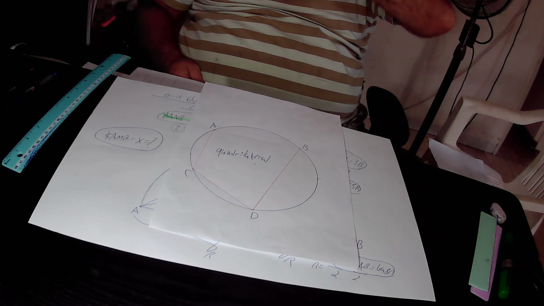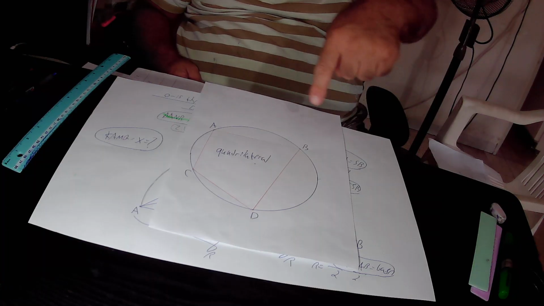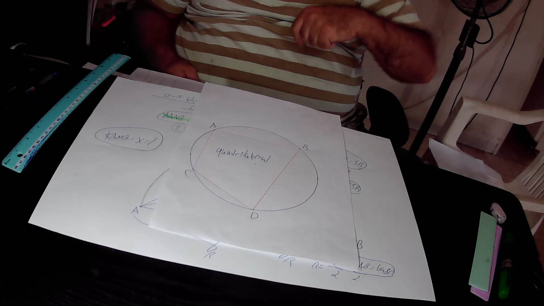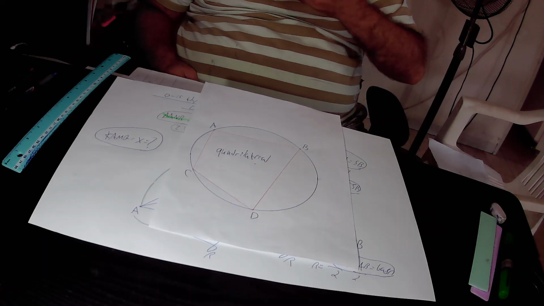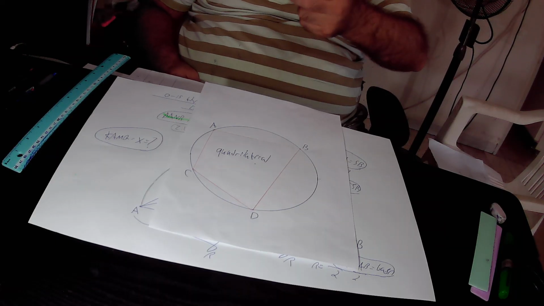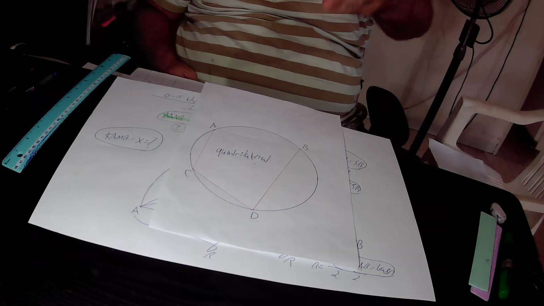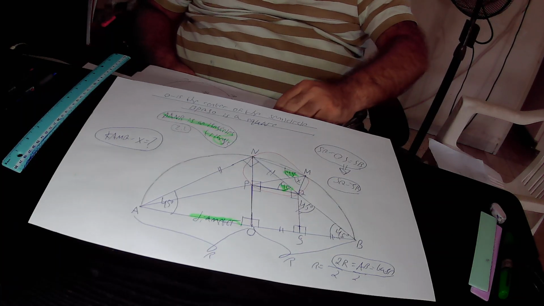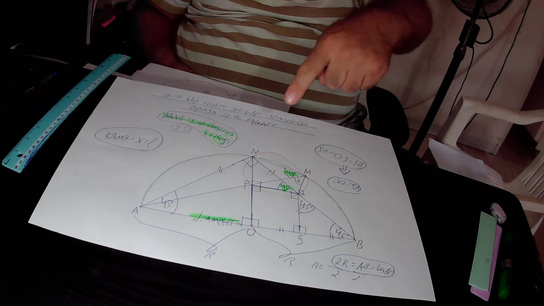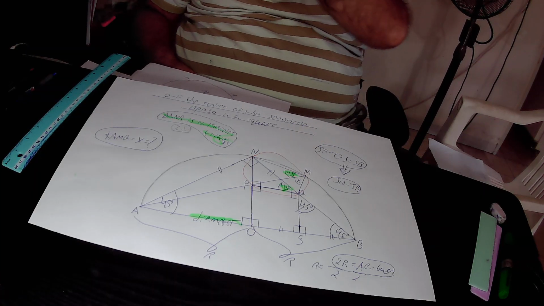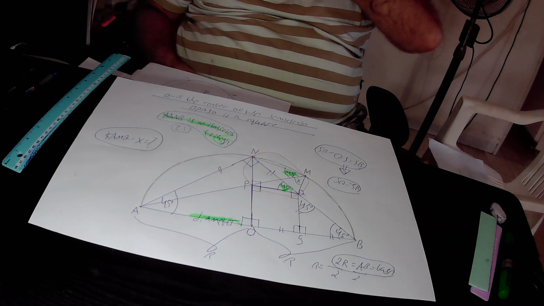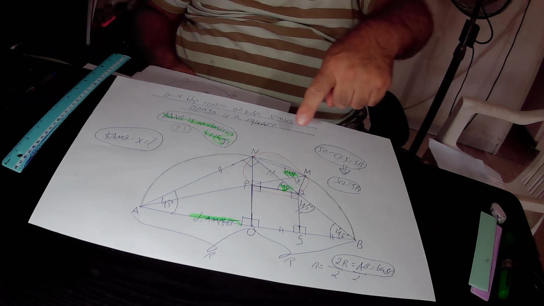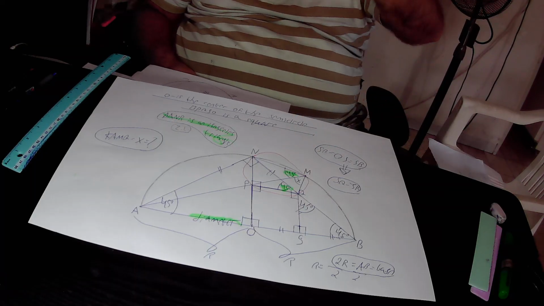Because all the four vertices A, B, C and D lie on this circle. So any quadrilateral that is inscribed by a circle means that all the four vertices of the quadrilateral lie on the circle. In the next step, we prove that quadrilateral NMQP is a cyclic quadrilateral. That is to say, we can put all the four vertices N, M, Q, P on a circle.